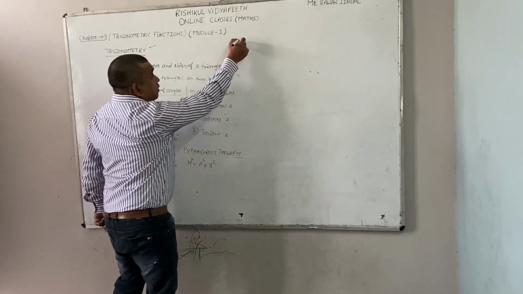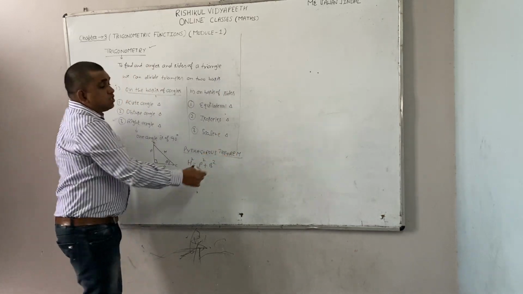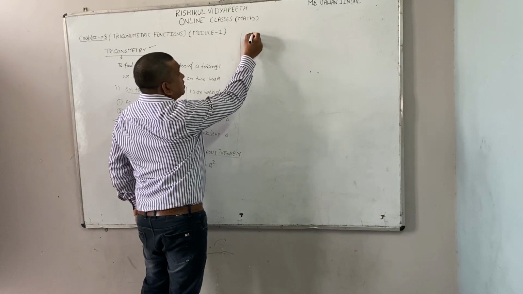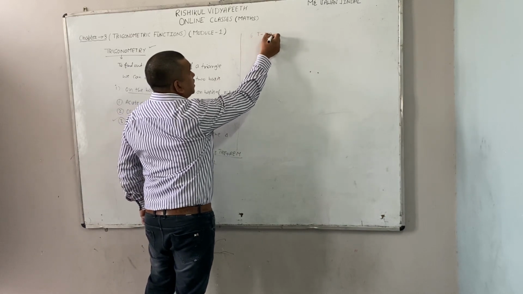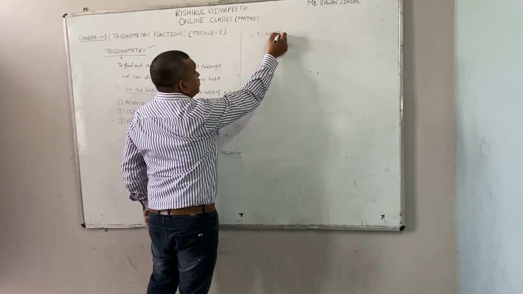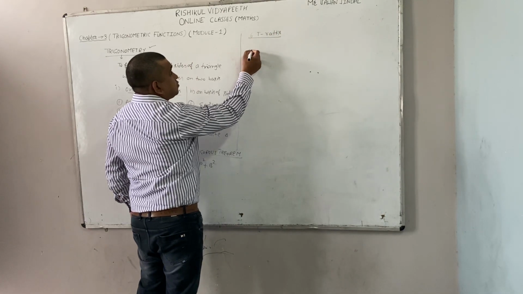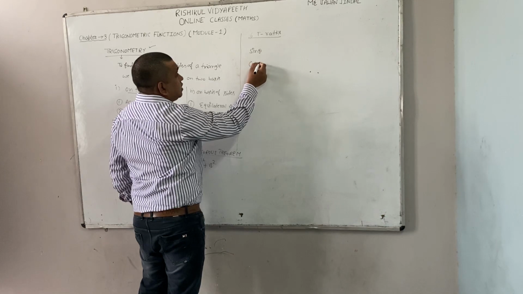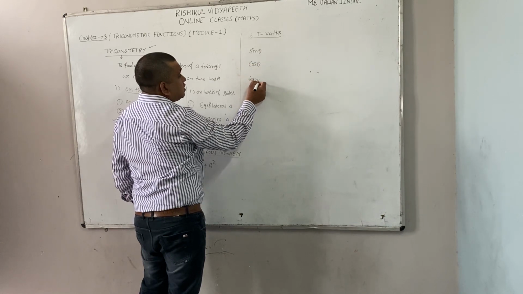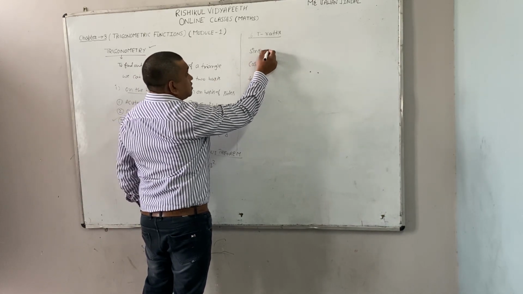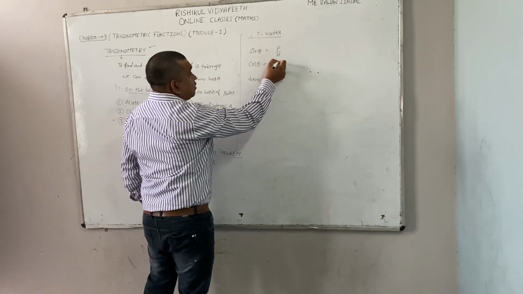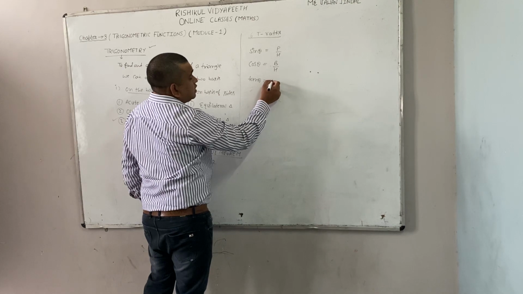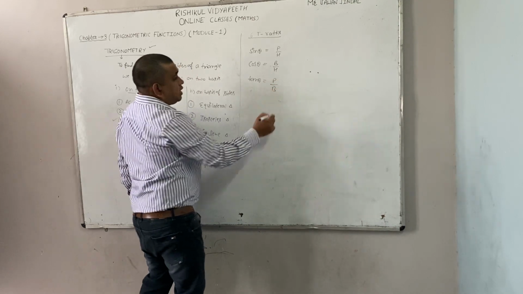Now, how many trigonometric ratios are there? There are mainly 6 trigonometric ratios. You can say them T ratio. First is sin theta, cos theta, and then tangent theta. Sin theta is perpendicular upon hypotenuse. Cos theta, base upon hypotenuse, and tangent theta is perpendicular upon base.